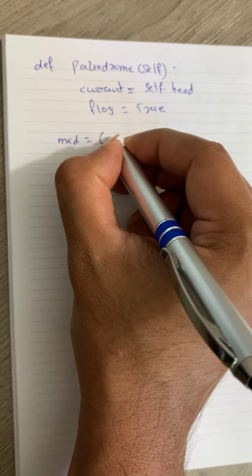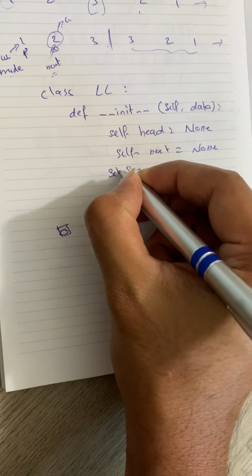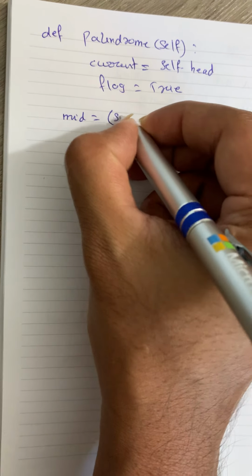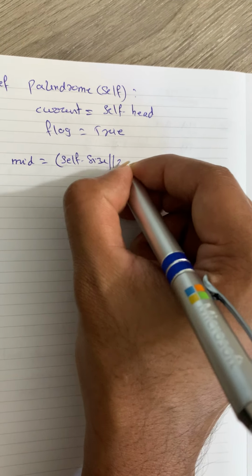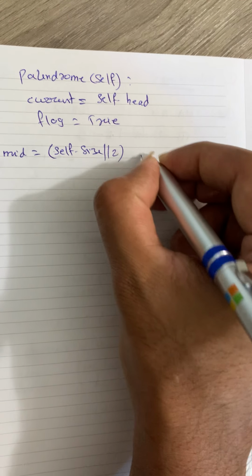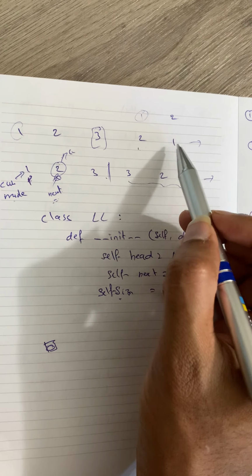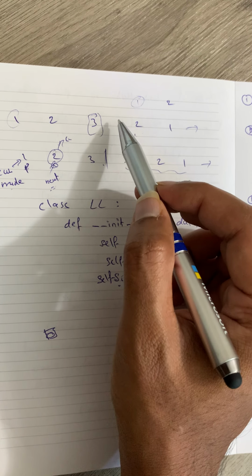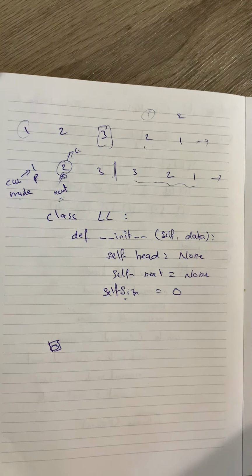The mid element is going to be, we already have size here. Size should be self dot size, self dot size by 2. So I have to write an if clause: if the length of the linked list is odd, then we're going to ignore the middle element. If it is even, we'll do mid plus 1.